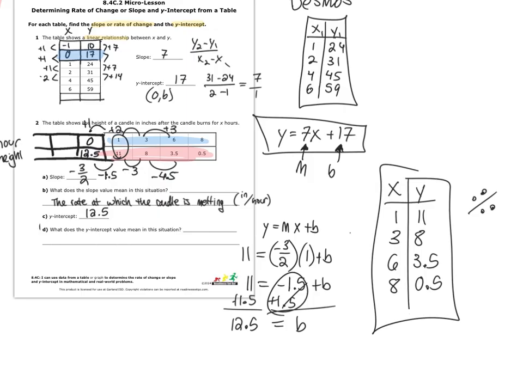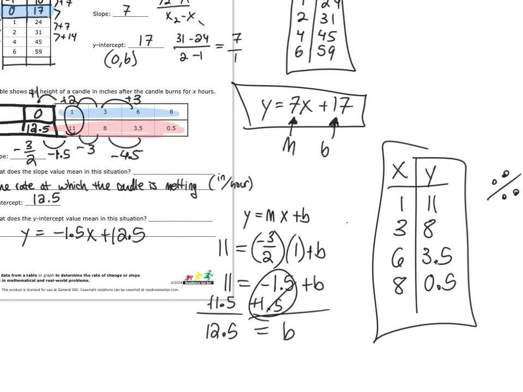And what it should tell you is that y is equal to -1.5x plus 12.5. Right? And those are the values that we found. Our -1.5 was our slope, and our y-intercept is our 12.5. So what does the y-intercept represent in this situation?